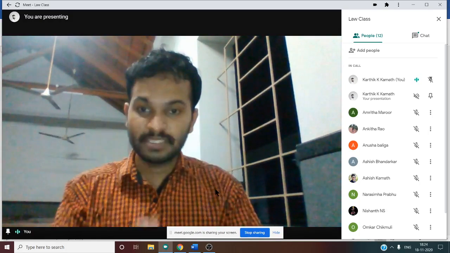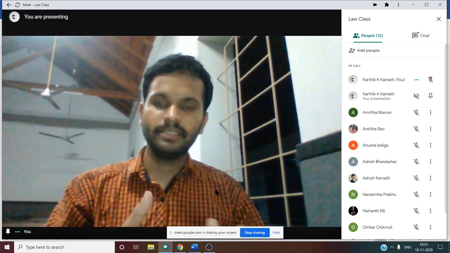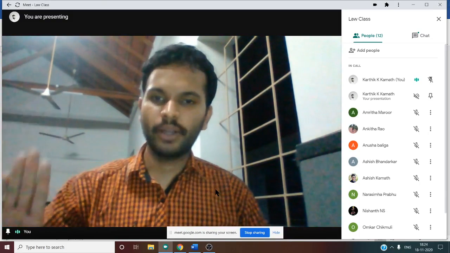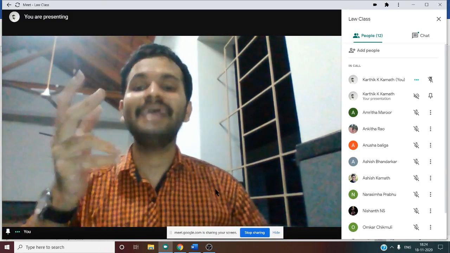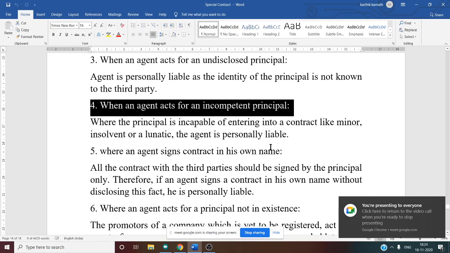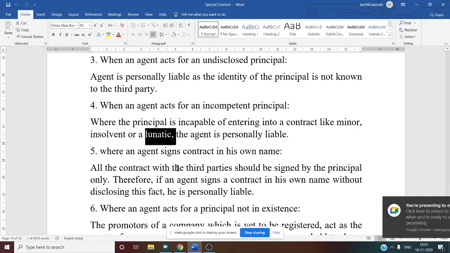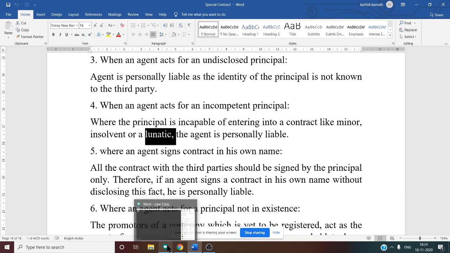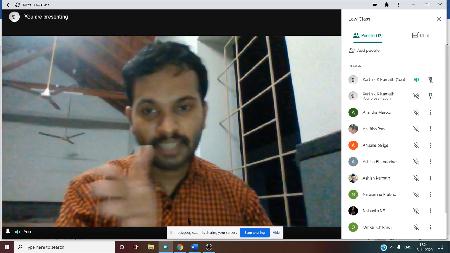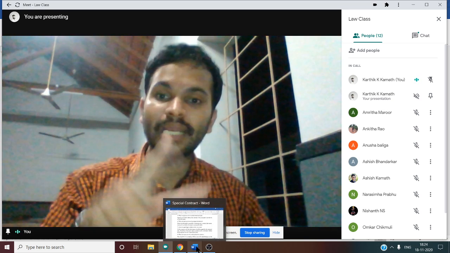Or the principal is a person disqualified by law. In that case also an agent is appointed. In all these circumstances, the agent is liable to the third party. And there is the case of a lunatic also. A lunatic will be unstable for some duration and stable for some other duration. So this is the case of lunacy.